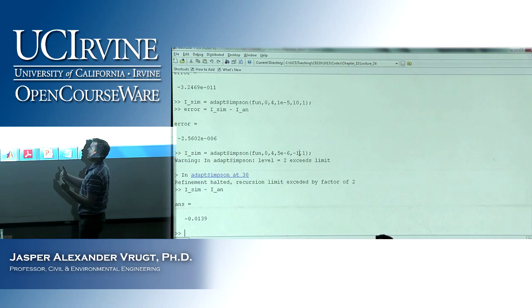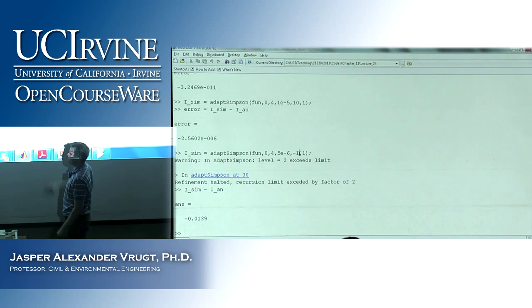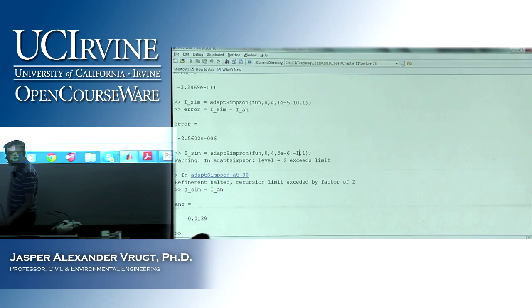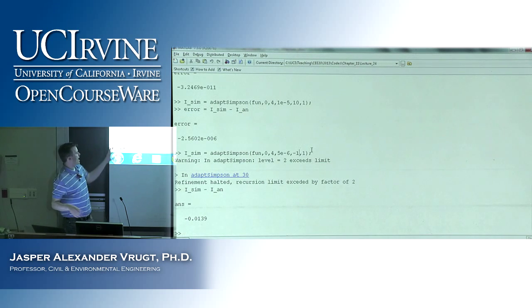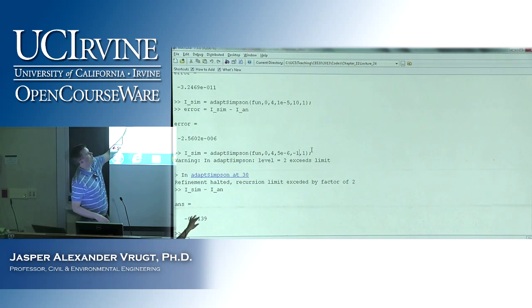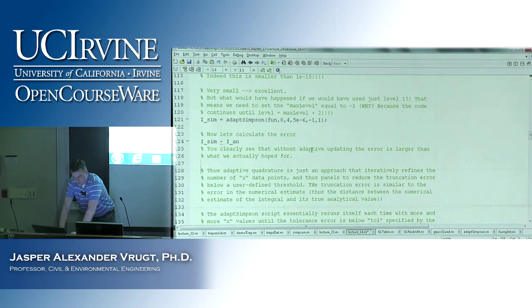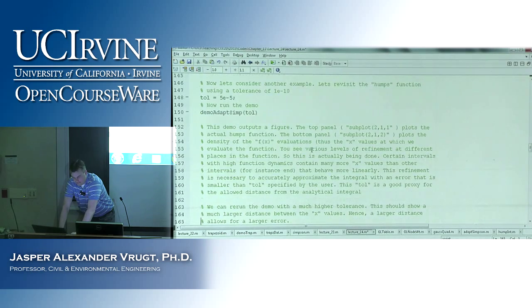But we actually said, based on the settings we provided there with -1 and 1, we do not want you to continue. So the error that comes out is larger than what we require simply because I should have used a larger value here, not -1. I should have used like 5. Then the maximum level is 7. Okay? So there's all kind of text here.